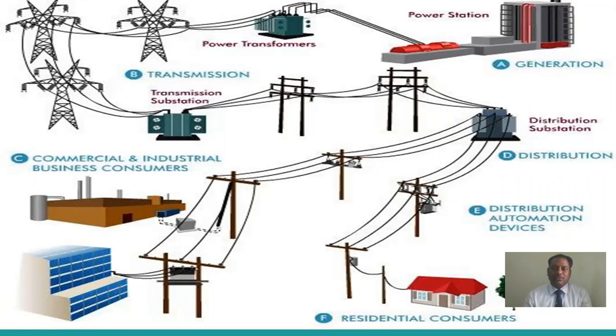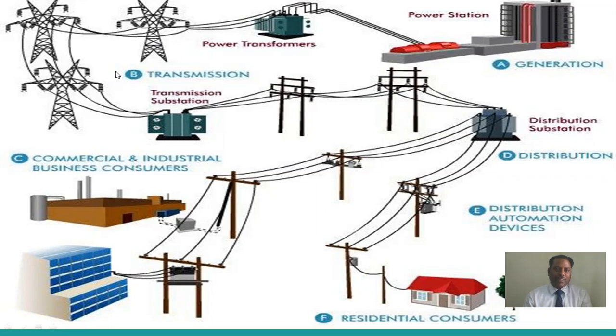That is the reason it is stepped up to higher voltages, like 132 kV, 220 kV, 440 kV, 760 kV, and then transferred through the transmission system, which consists of steel towers.